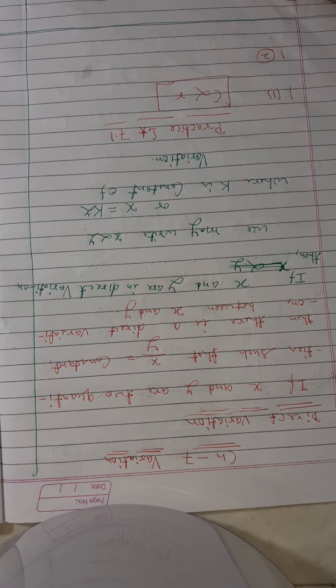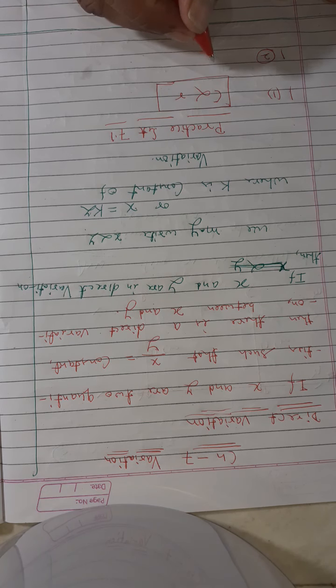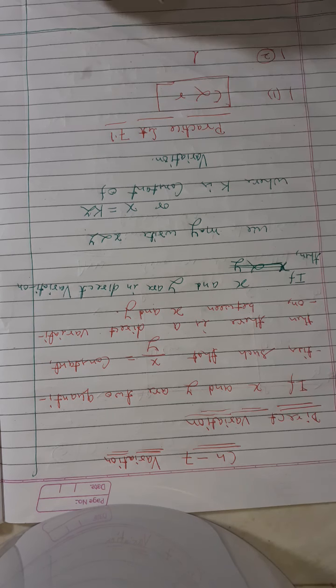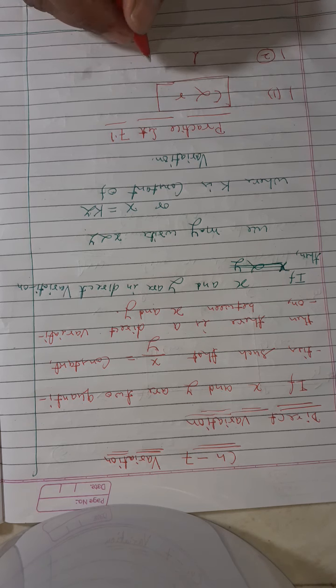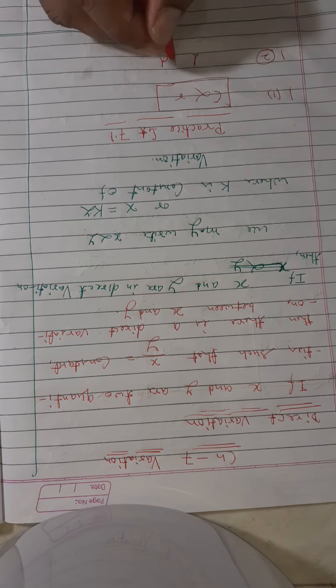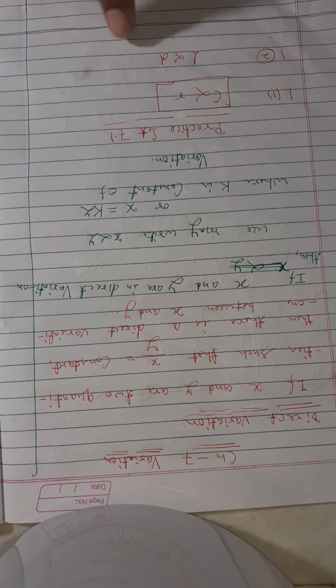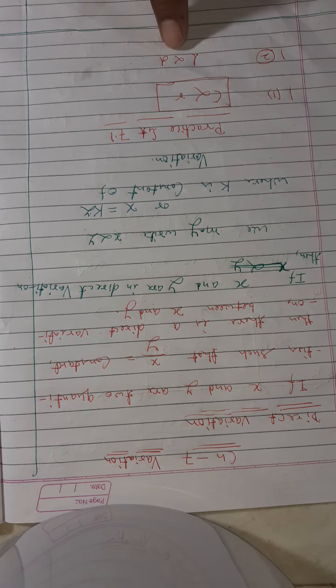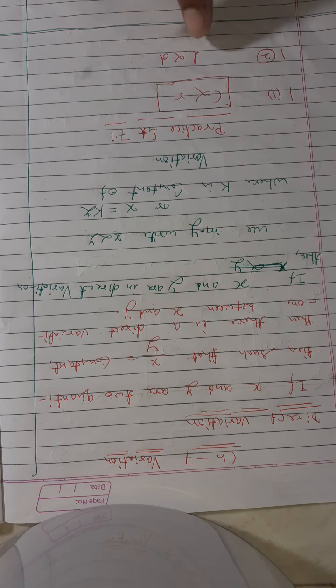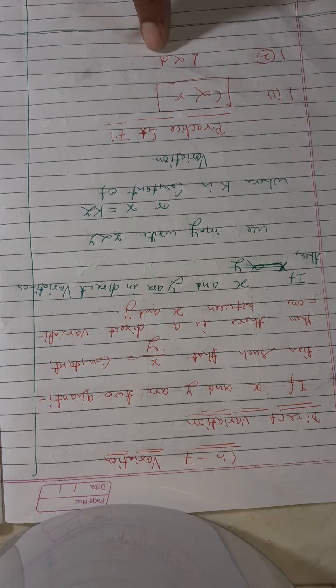Second is: consumption of petrol L in a car and distance travelled by that car, D, are in direct proportion. L proportional to D. And as you know, how much liter of petrol will be consumed, that much distance will be covered. Clear?